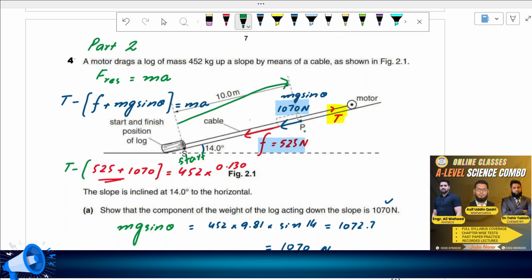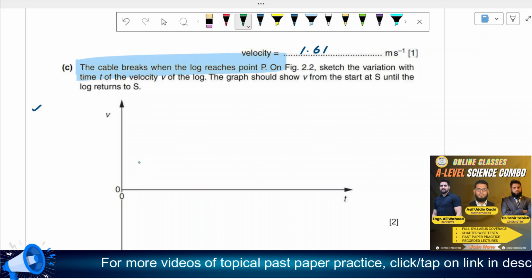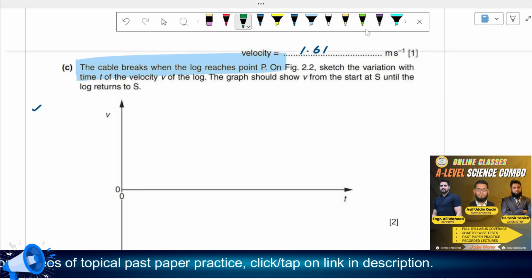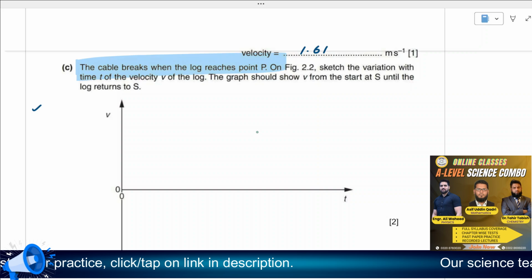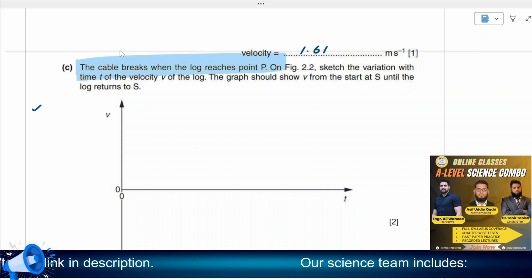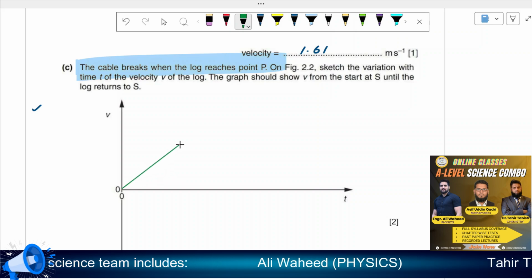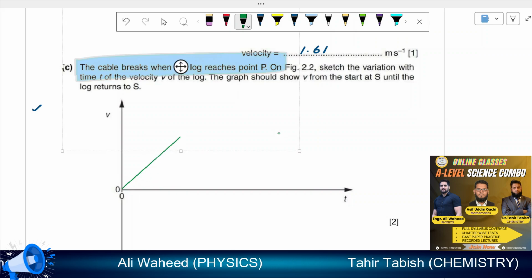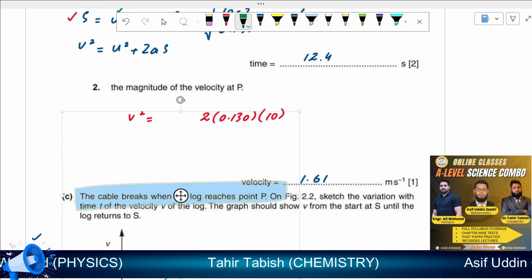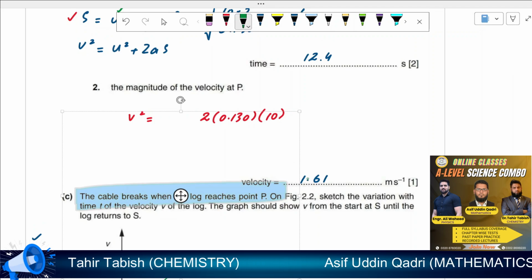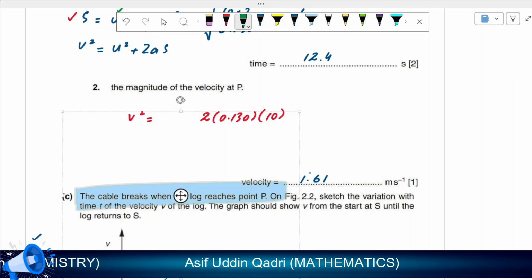And then it rolls down towards the point. So as the ball speeds up from 0 meter per second, the velocity would increase because the initial velocity was 0.